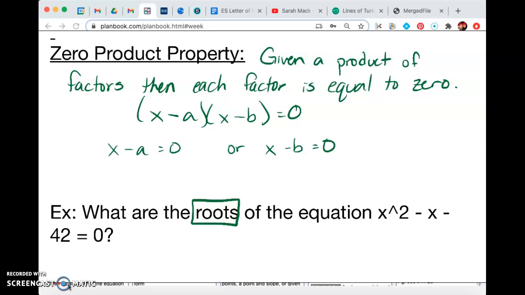Roots is a fancy way of saying zeros. Zeros is a fancy way of saying x-intercepts. That's a fancy way of saying the solutions of the quadratic. So there's always different ways of saying zeros or x-intercepts or solutions or roots. They're all interchangeable. They're still talking about what we're trying to solve for, the x value.